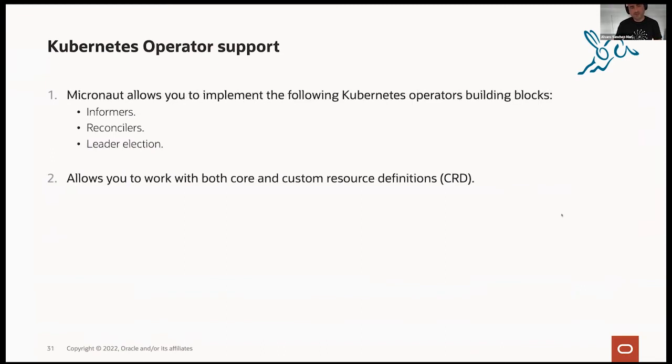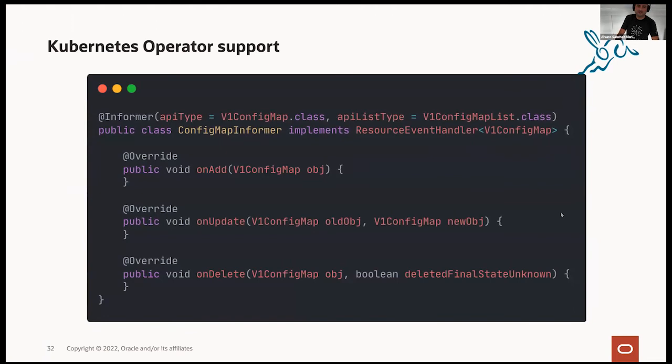And the final thing is Kubernetes Operator support. You can implement Kubernetes operators in Java using the following building blocks. You can implement informers, reconcilers, and a leader election algorithm for both core and custom resource definitions. The first building block is the informer. The informer is a way to get notified when a Kubernetes type is changing.